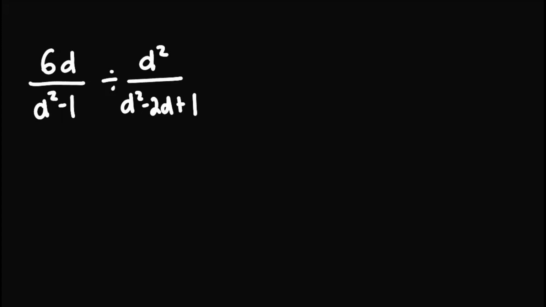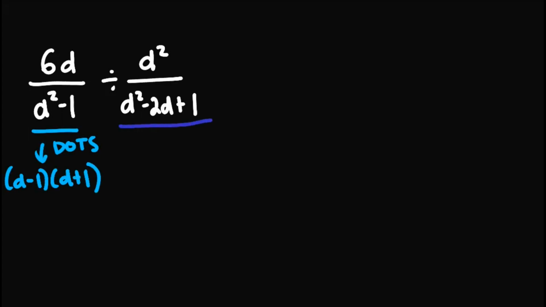For this one, observe that d squared minus 1 is a difference of 2 squares. So we can write this one as d minus 1 times d plus 1. For this one, observe that this one is a perfect square trinomial. So we can write this one as d minus 1 squared.